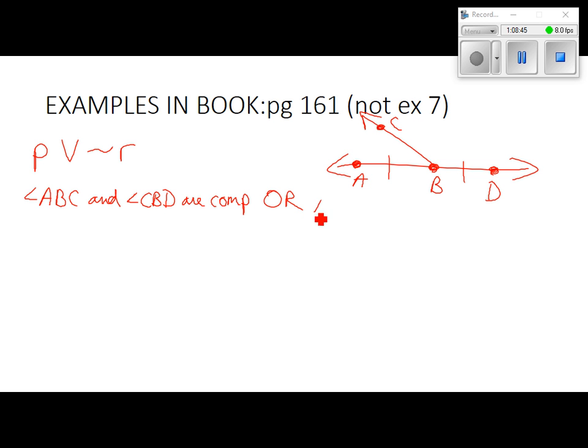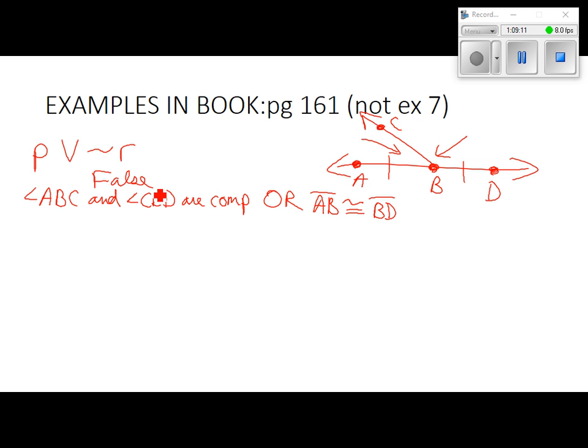Segment AB is congruent to segment BD. So we look at this. Angle ABC and angle CBD, this angle and this angle are complementary, true or false? False, because they're not complementary, they're what? Supplementary. So that part's false.